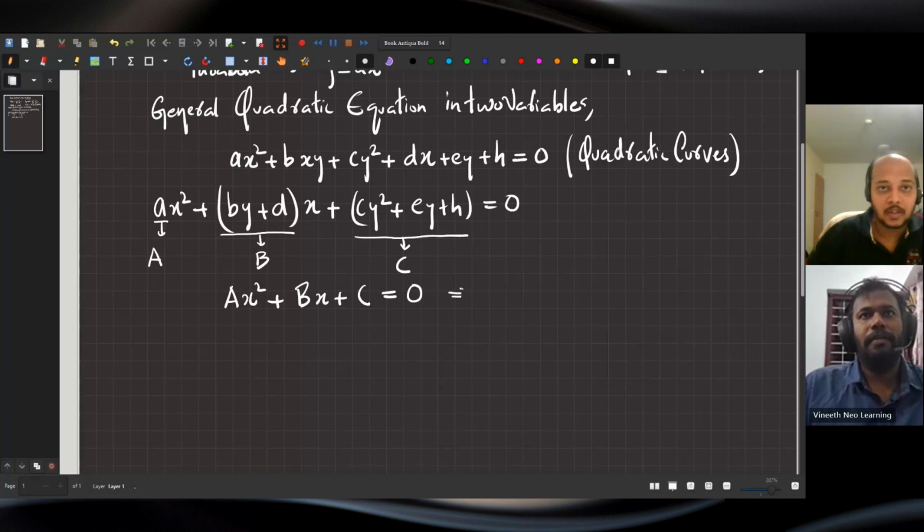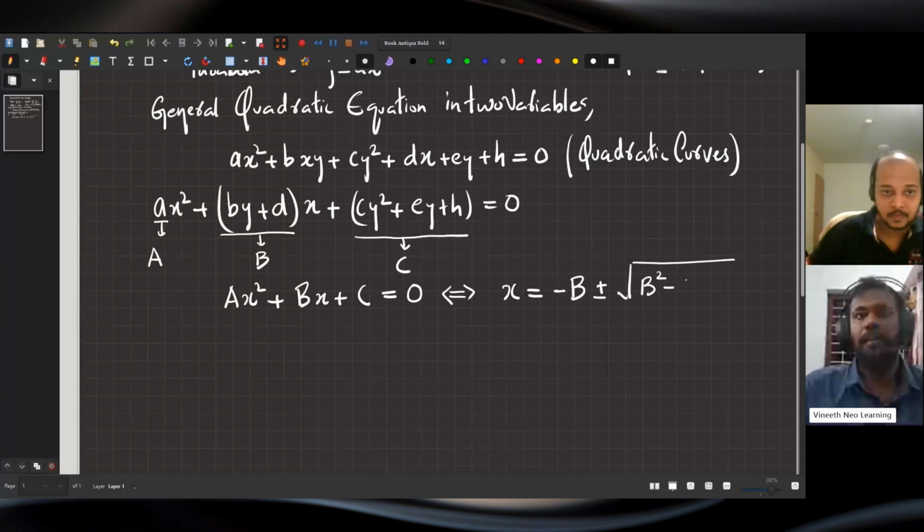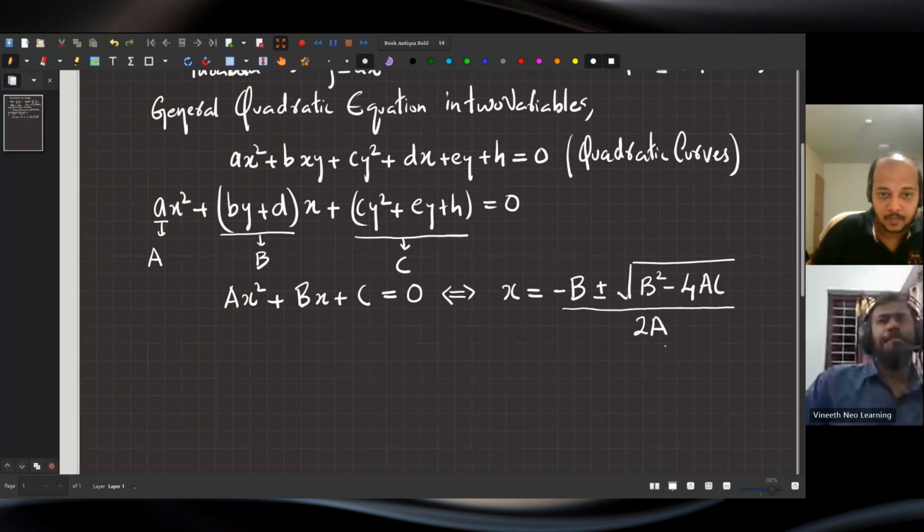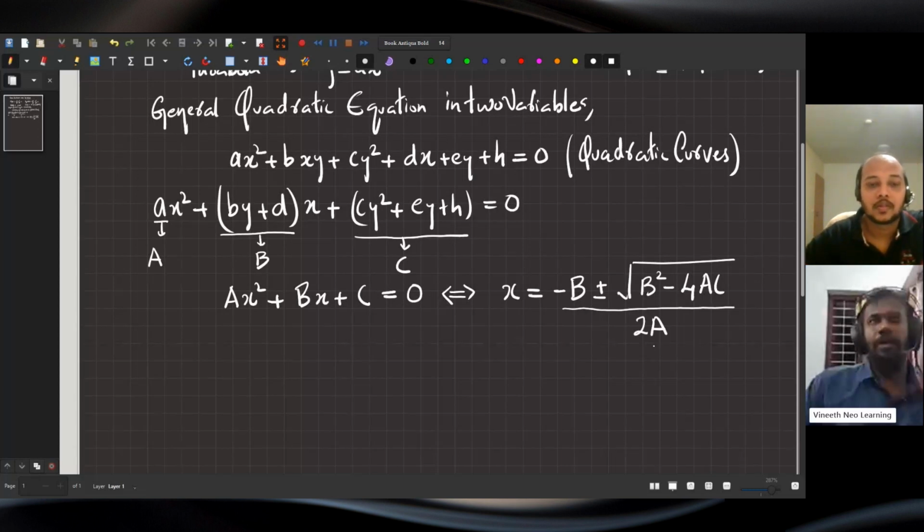So what will be the solution? We can use the quadratic formula to find x equals minus B plus or minus the square root of B squared minus 4AC, over 2A, where B equals by plus d, A equals a, and C equals cy squared plus ey plus h.